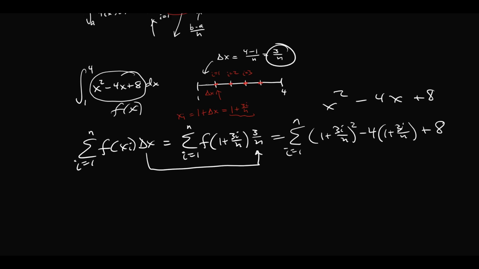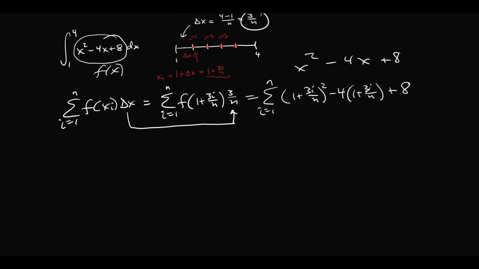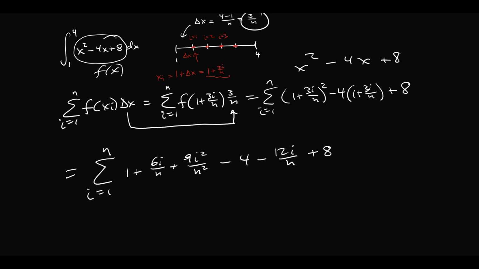And now, you know from your pre-algebra class that you can split this summation up. This is i equal 1 to n of, and I'll write it. So what I did was I multiplied this out right here. Just FOIL it out. Multiply the negative 4 through. That is here, there, and then the 8 just comes for free.